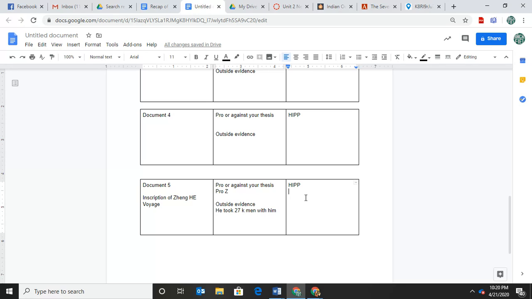You only need to HIPP 2 documents. So if this is historical setting, I'll just do H. Okay, so that's what I would have you do.